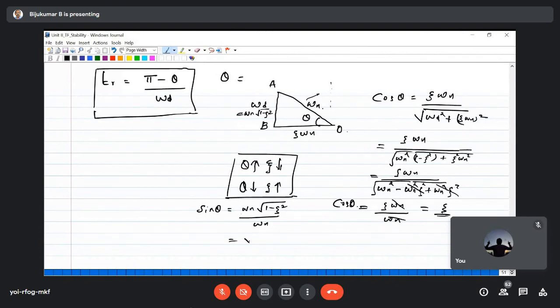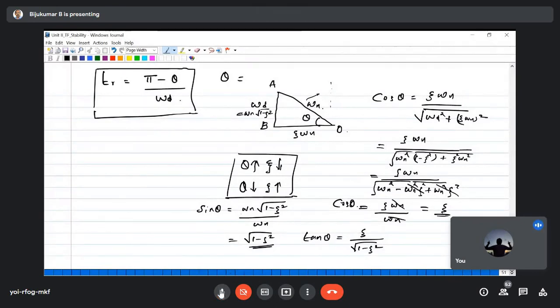So sine theta becomes root of 1 minus zeta square. So from this you can find tan theta is equal to zeta divided by root of 1 minus zeta square. So if I know zeta, I can find out theta.